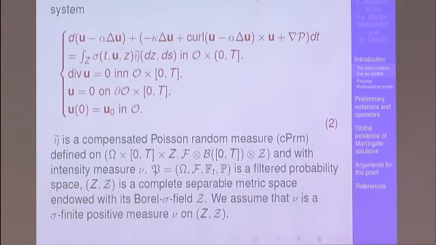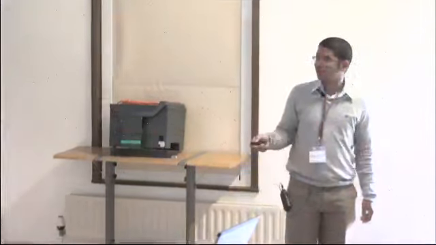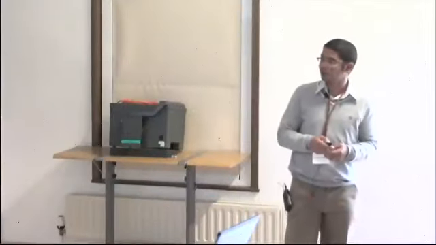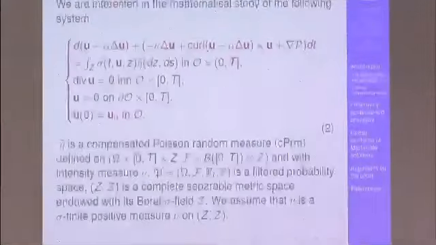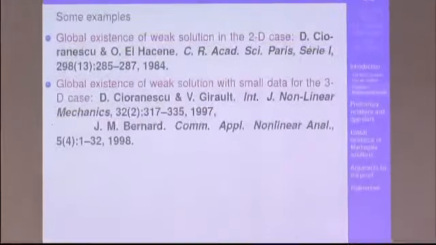Here, the omega, F, P is a filtered probability space, and Z with this sigma field is a complete separable metric space, and we assume that we are given a sigma finite positive measure on that space.